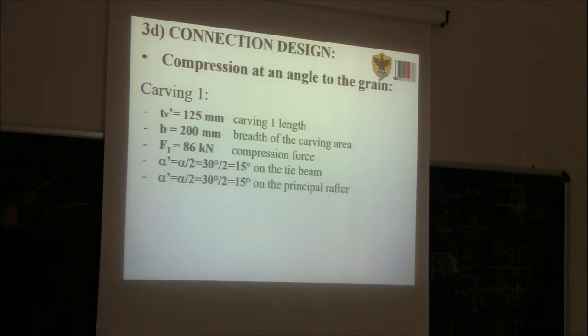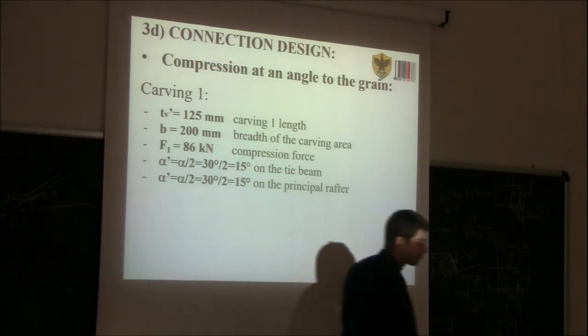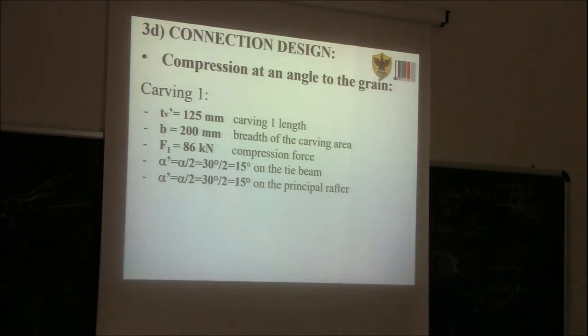So this is the grain along the tie, and this is the grain along the principal. So in the end, in both cases, we have the same angle, alpha prime. Okay? Meaning that since the contact area is the same, in the end, we can make only one check. Because basically by checking, for example, the tie, we are also checking the rafter, if we assume that both have the same strength. Okay?